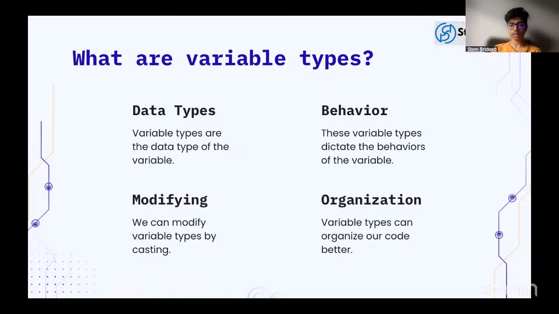An int is a whole number, which is different from a float, and they have different behaviors. We can modify the type of a variable using casting. We will learn that soon. And you can also organize your code because of data types.